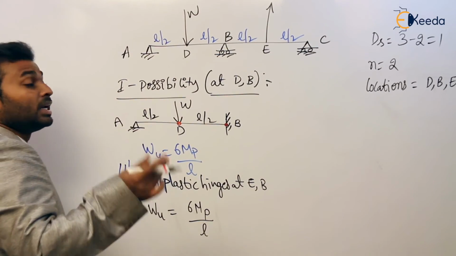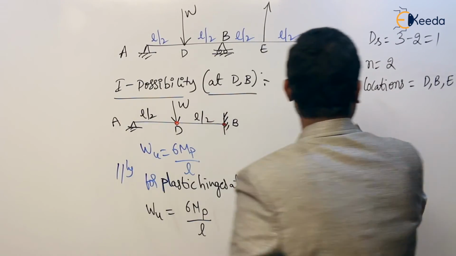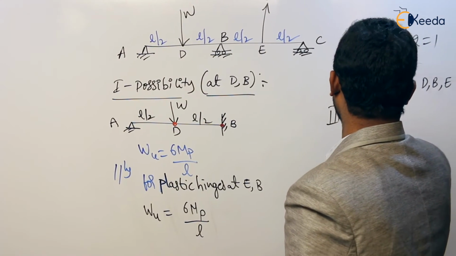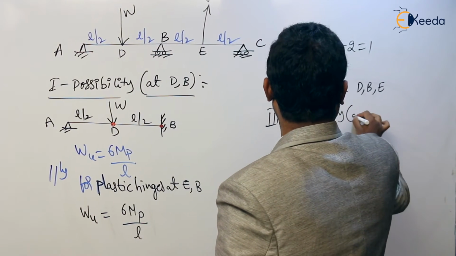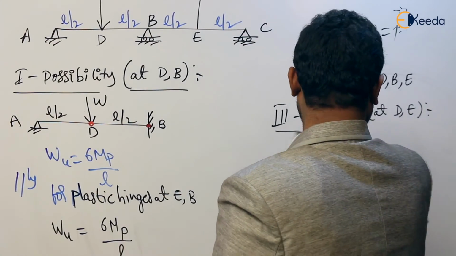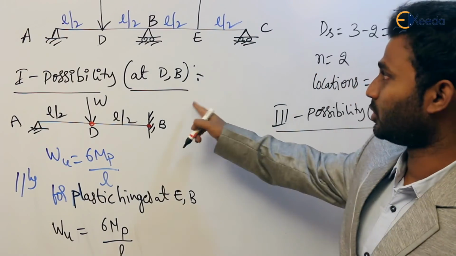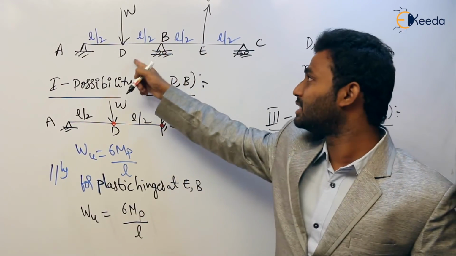The next possibility is hinges at D and E. So the first possibility is DB, the second is BE, and now the third is DE.